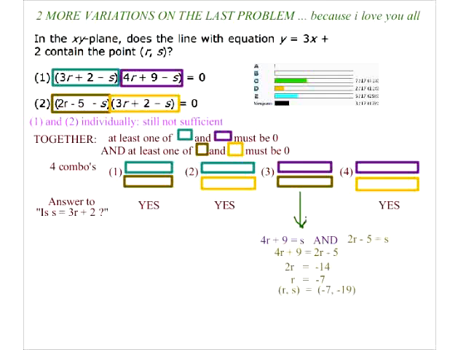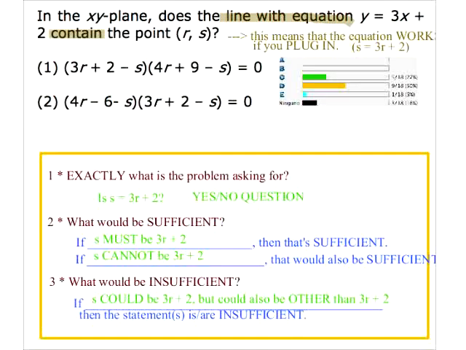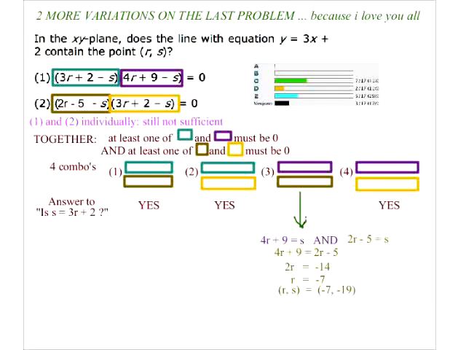What question are we trying to answer about these things? This is why you really, really have to set this stuff out right at the start of the game, because otherwise you're dead. We have to come back to the question of whether S is equal to 3R plus 2 or not. So we have this point and we need to judge whether 3R plus 2 equals S. Well, let's plug in and find out.